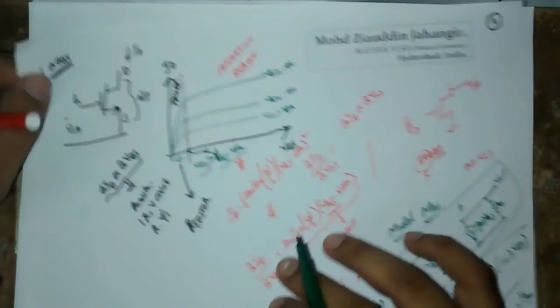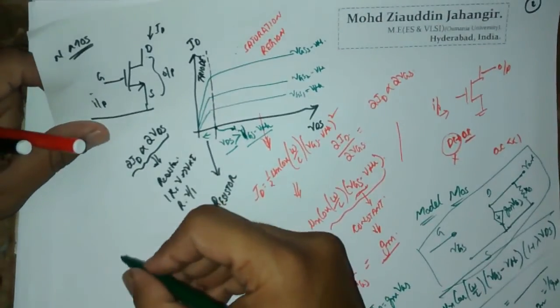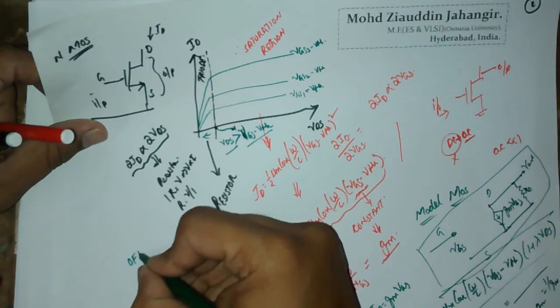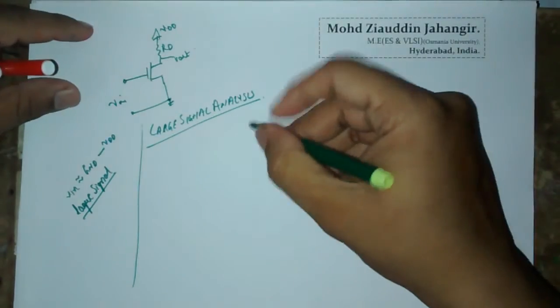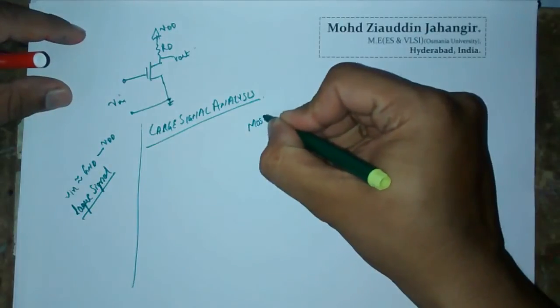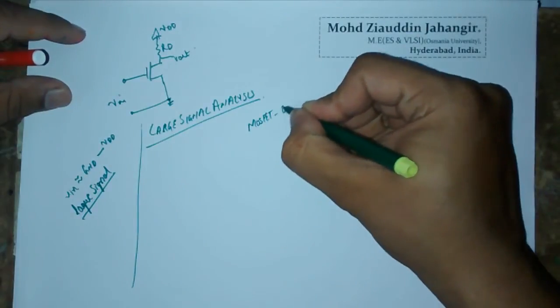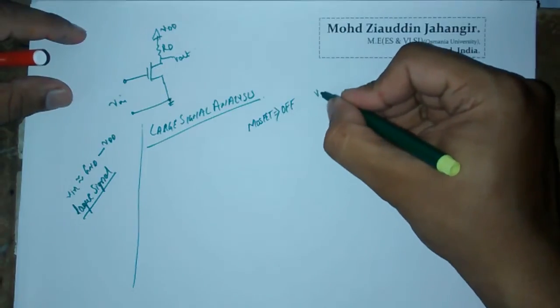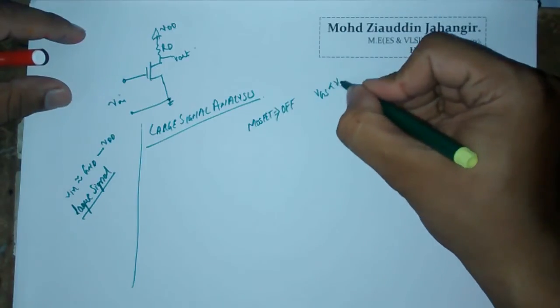Okay, and one more thing we know about the MOSFET is when it is going to be off. Well, let me write down all those equations. So your MOSFET will be off when your VGS is less than VTH.